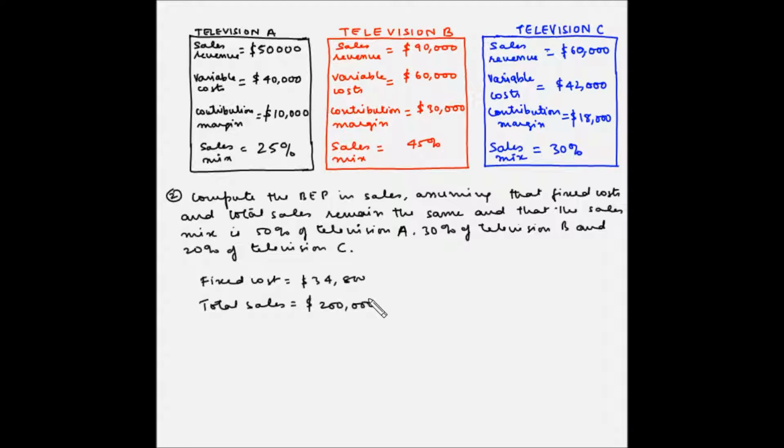Now what is changing is the sales mix. So out of this $200,000, the sales revenue from television A was 25%.